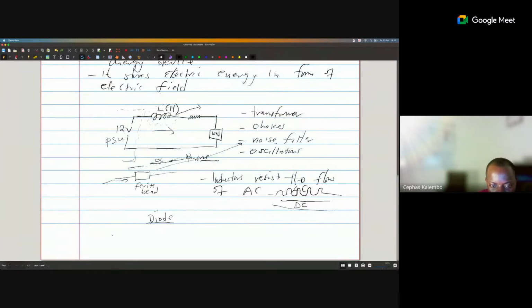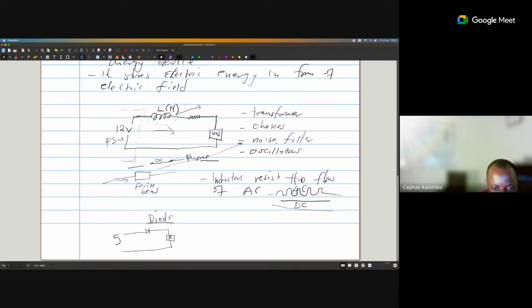If you have a circuit like this, let's say this is 5 volts, then you have a diode in your circuit, and then here you have a load that you're powering. This load can be anything. It could be an Arduino, an LED, a light bulb, or anything. That's a resistive load there.